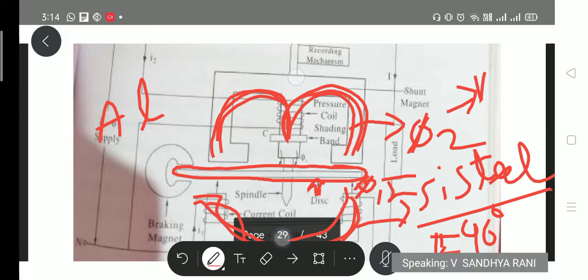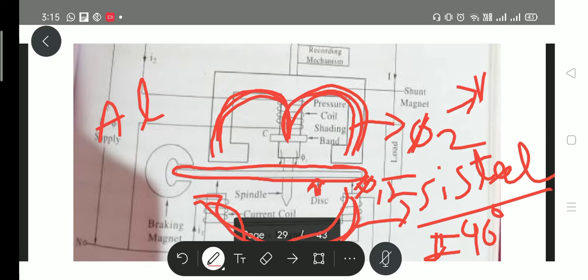Whenever the magnet flux is produced, at that time this disc will be moving, rotating, and the revolutions will be generated in the braking magnet.